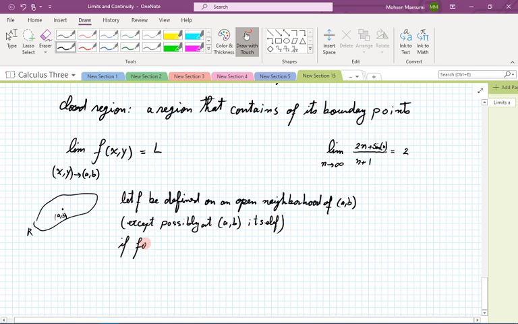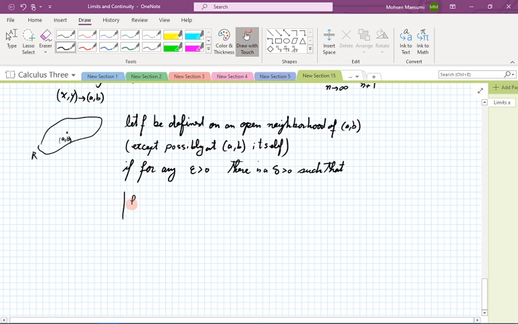If for any epsilon larger than 0, you can find a delta larger than 0 such that f of (x, y) has distance from L less than epsilon for all x and y for which (x minus a) squared plus (y minus b) squared is less than delta squared.